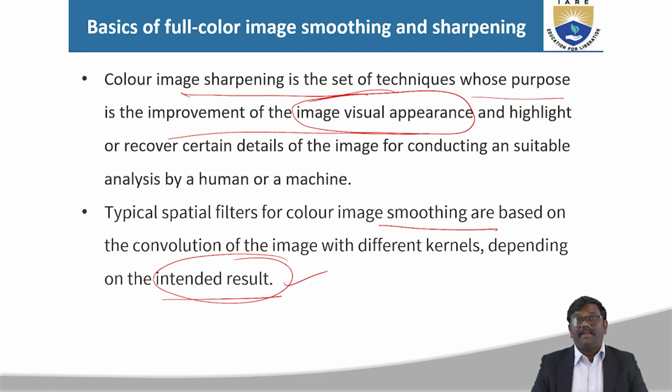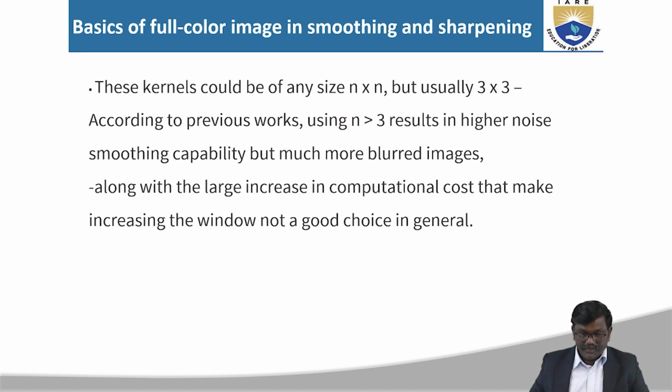For example, if we concentrate on smoothing, then by convolution of the image with different kernels depending on the intended result, we may attain the image's visual appearance in terms of 100% quality. So applying smoothing, we will get the required quality of the visual appearance.